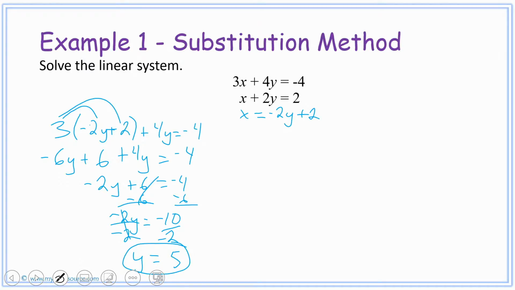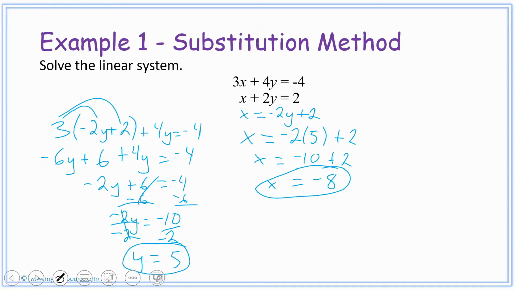So now that we have y equals positive 5, because that y works for both equations, we can substitute it into either of the formats we have here. Typically, we substitute back into one of the original equations. And so we could just do it into this one here since it already says x equals. So we have x equals negative 2 times 5 plus 2. And so x is going to be equal to negative 10 plus 2, and x is equal to negative 8.